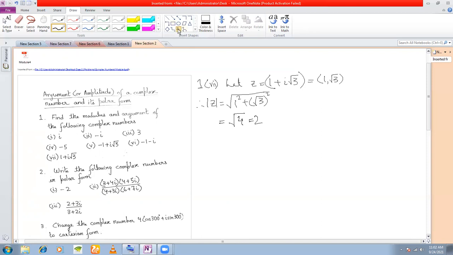We'll now proceed to find the argument. In an exactly similar manner, you try to locate the point in the Argand plane.